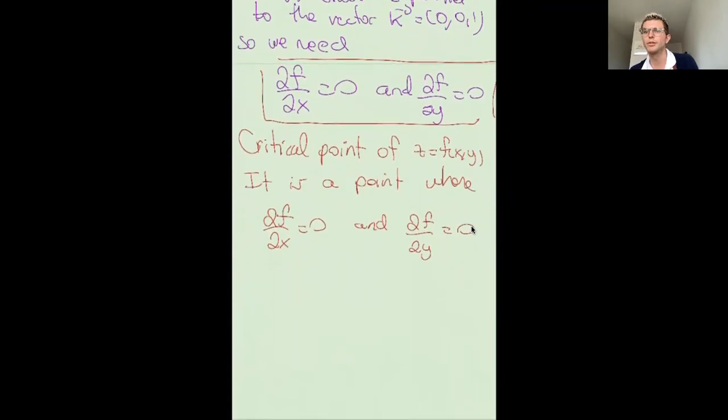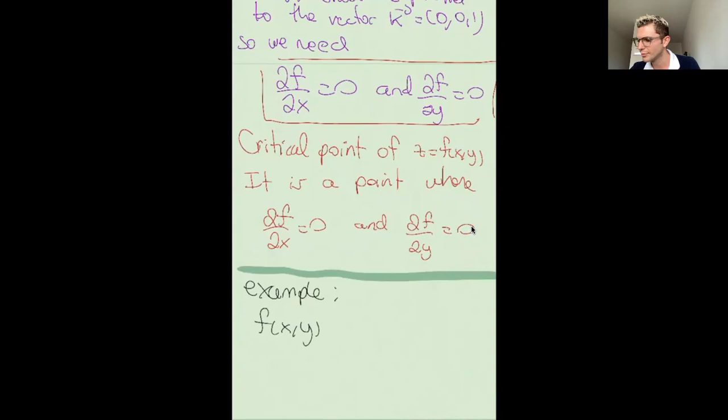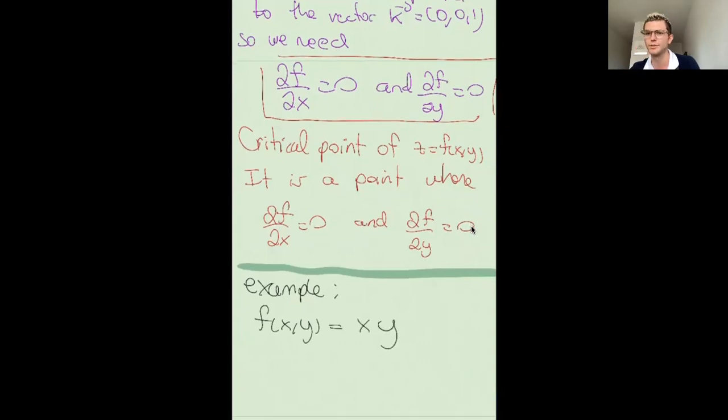Is that better now? We have very little time, but at least let me do a very quick example of how you find critical points. And next time we'll do this all during class, many times. So imagine a super easy one: f is x times y.